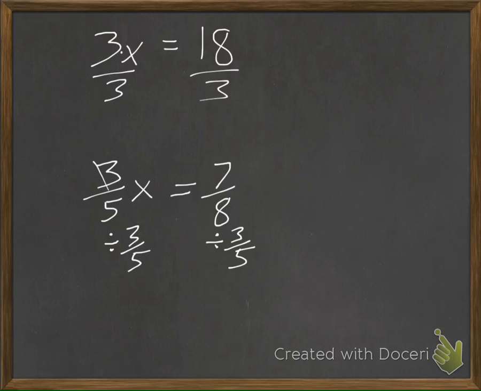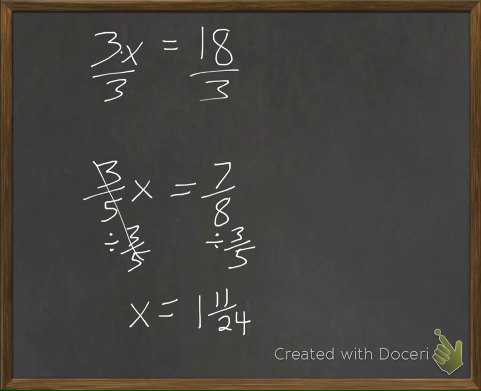So the easiest way for you all to do this, since you have a calculator, is simply to do 7/8 in your calculator divided by 3/5. And let's see, if I do that, 7/8 divided by 3/5, it will give me 1 and 11/24. So, now the same thing's true.